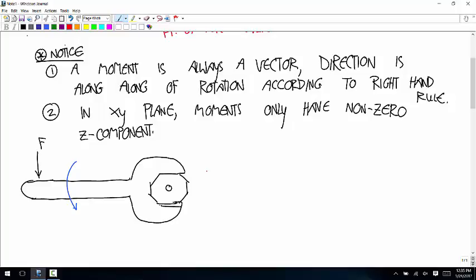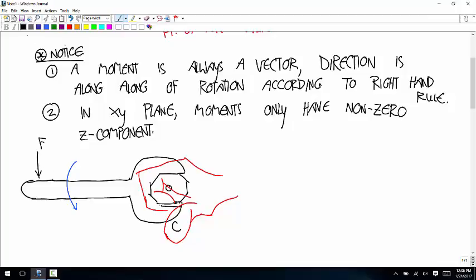And so then the direction of the moment, if you use the right-hand rule, with the fingers going in the direction of the rotation, the direction of the moment is in the direction of your thumb, so out of the page.